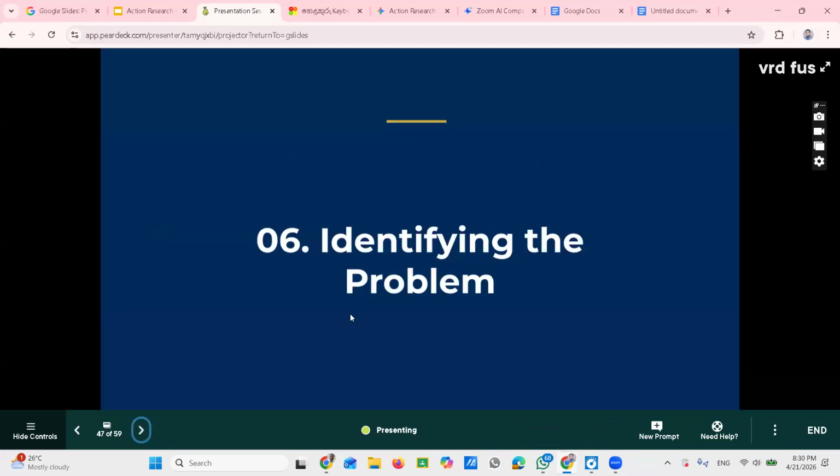Identifying the problem is another important area. Identifying the problem is part of planning, the first step. Then you want to know how to identify it. You can't identify a problem immediately. Normally you want to spend at least 2 or 3 months.